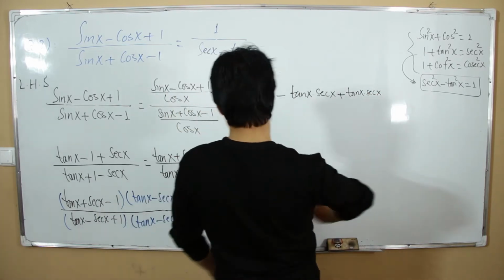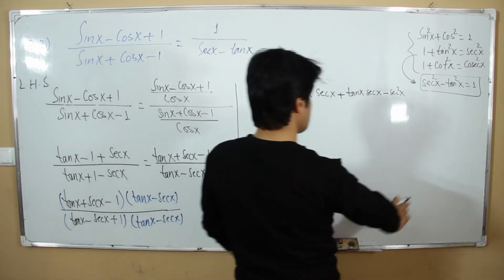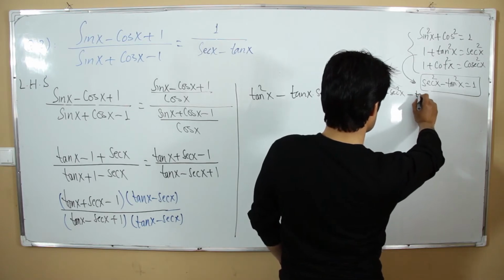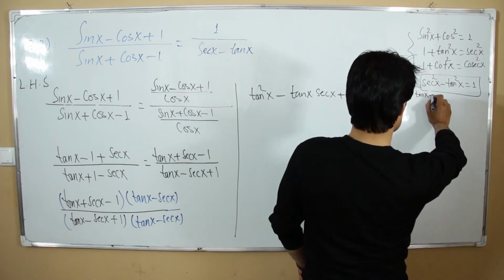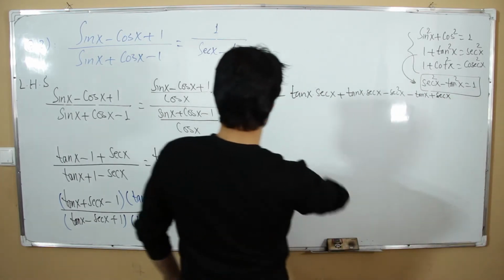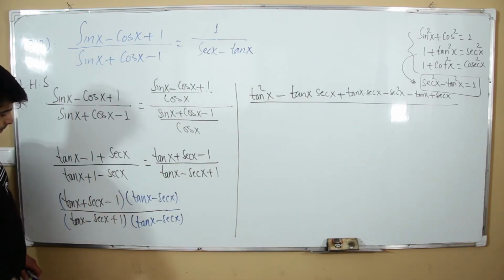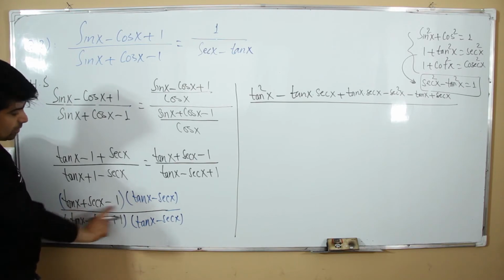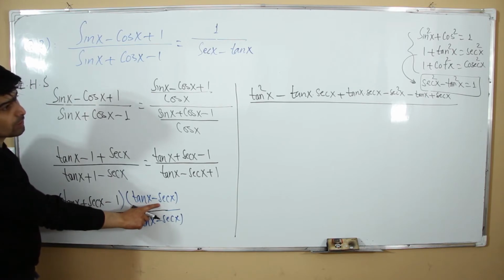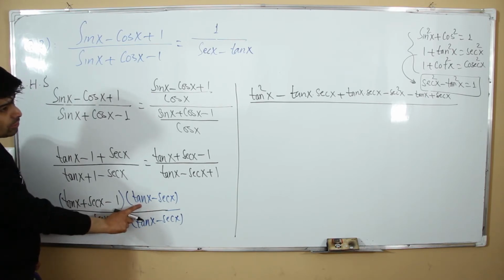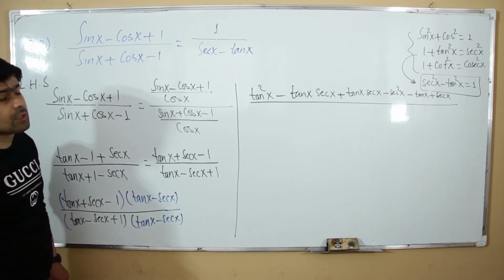Now secant with secant, minus secant square of x, minus 1 with this one, minus tangent x, and minus with this minus, it is plus secant x. So tangent square, tangent secant, secant tangent, secant square, minus tangent x, minus plus 1 times secant, it is secant x.